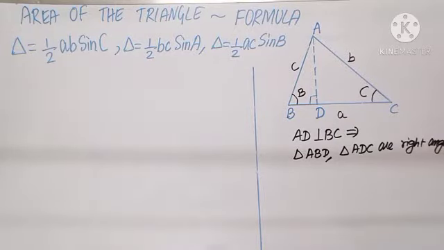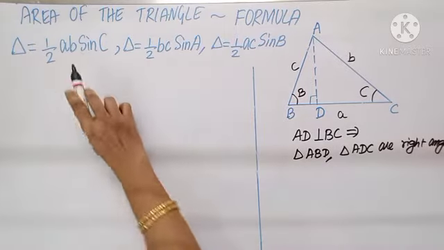We are going to derive the area of the triangle ABC. We have learnt many formulas in the previous classes. Now, we are going to use the trigonometrical idea in deriving the area of a triangle. See the formula.